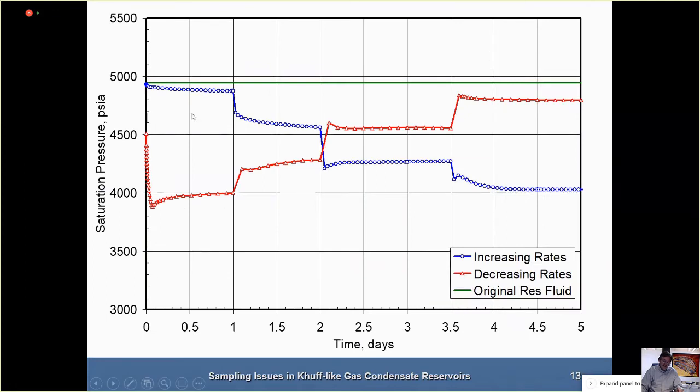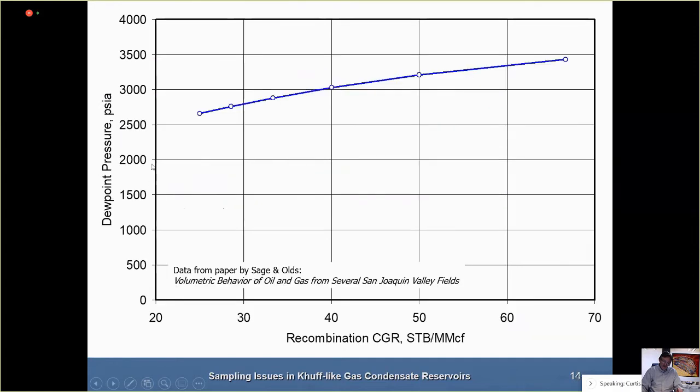The change in saturation pressure, increasing, decreasing rates. Not sure what it is.